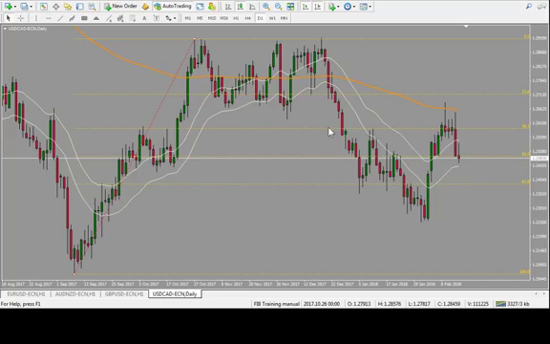So if I click here on the add button, and then in the level column, you've got to write the value with the decimal point.